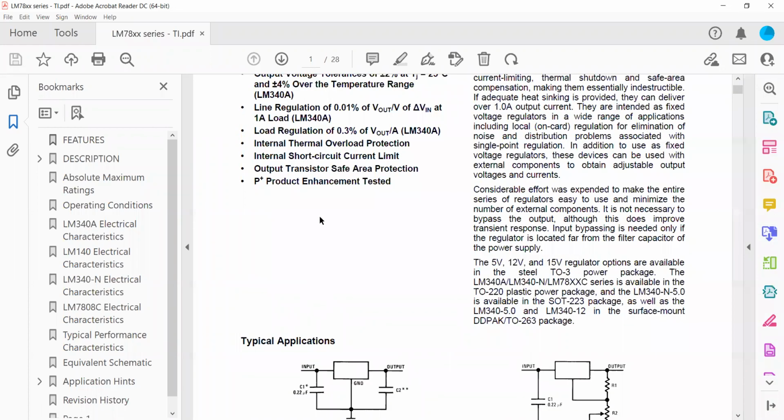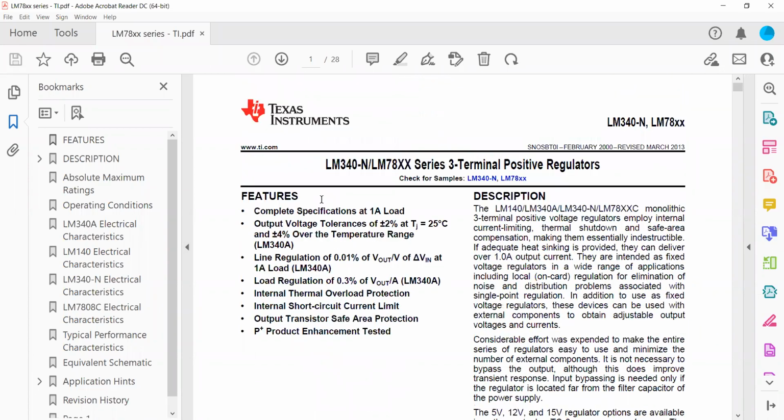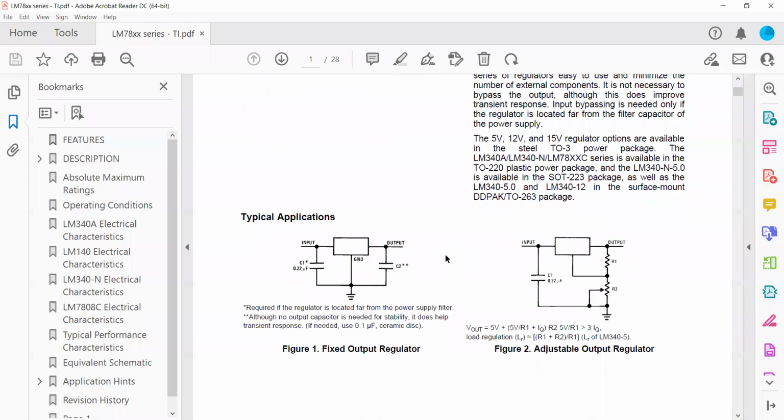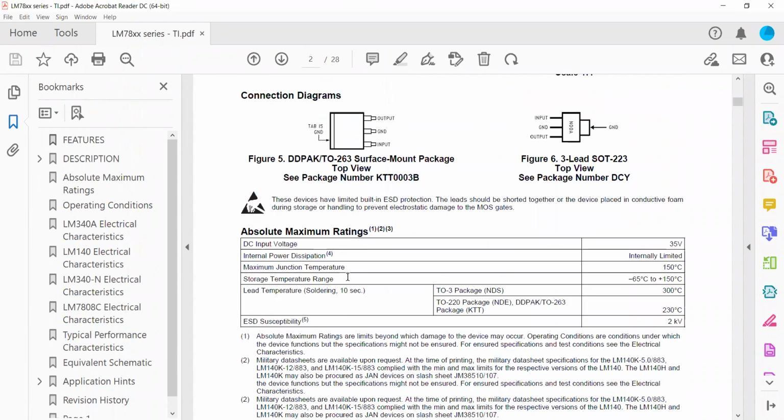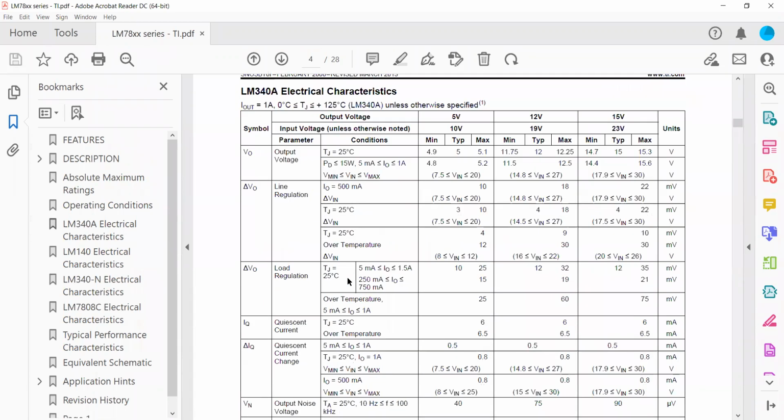This voltage regulator is the LM78XX. LM means Texas Instruments is the IC manufacturer. This is a 3-terminal positive voltage regulator. You can see the typical application circuit, and this one is the common one. Wait, I'll show you the IC package.